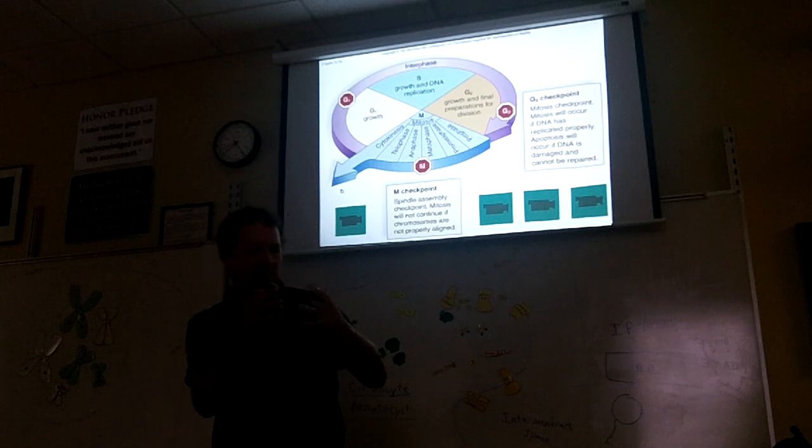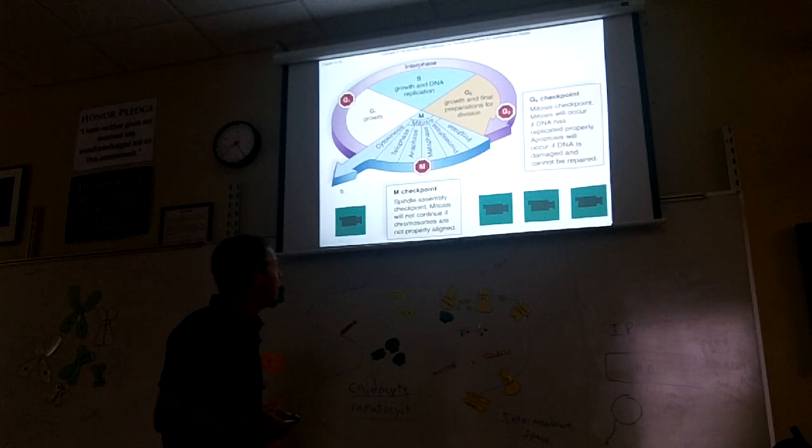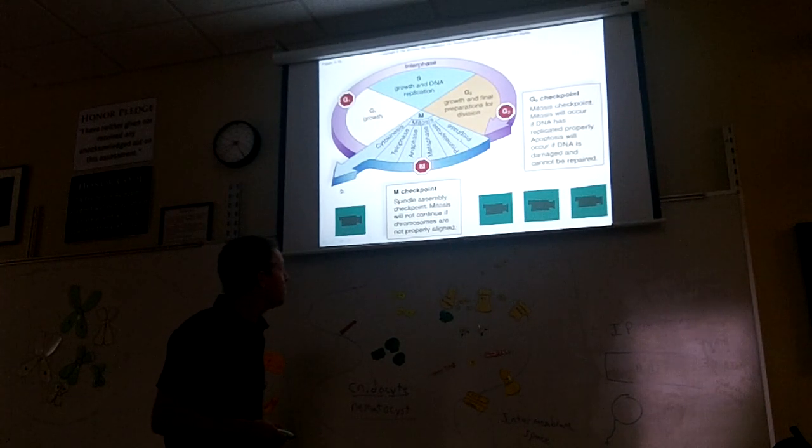They'll have to copy themselves, and then there's another stop sign here, a checkpoint, where everything stops and the cell kind of examines itself and makes sure that it has everything it needs to go through this mitosis.